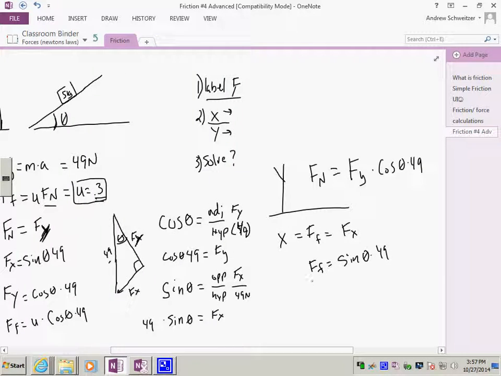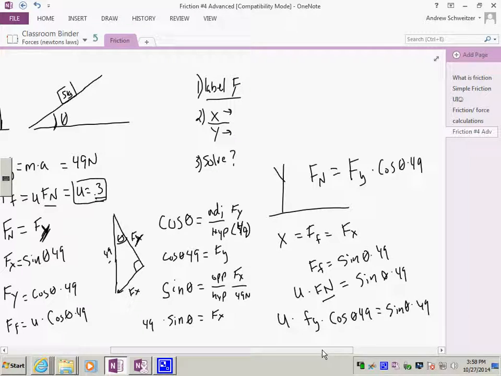And the force of friction is the coefficient of friction times the force normal. Now let's resubstitute what the force normal is: the coefficient of friction times f of y, which is the cosine of the angle times 49, equals the sine of the angle times 49.